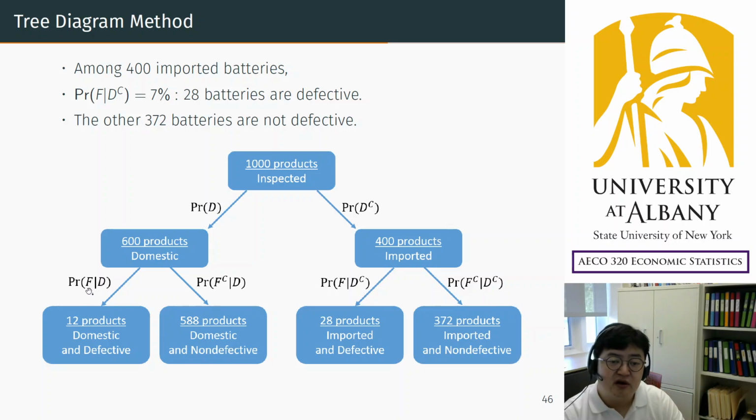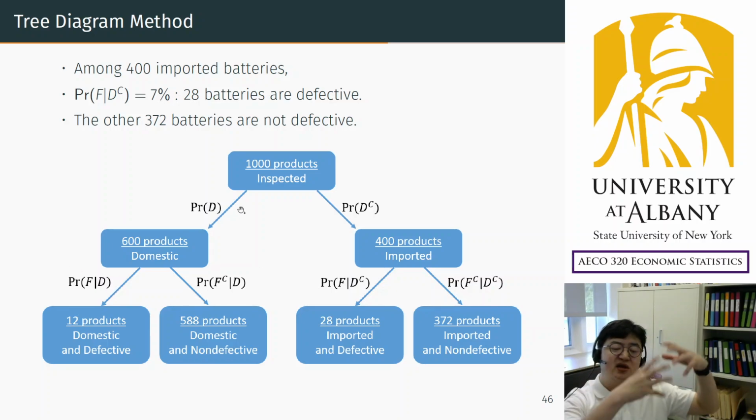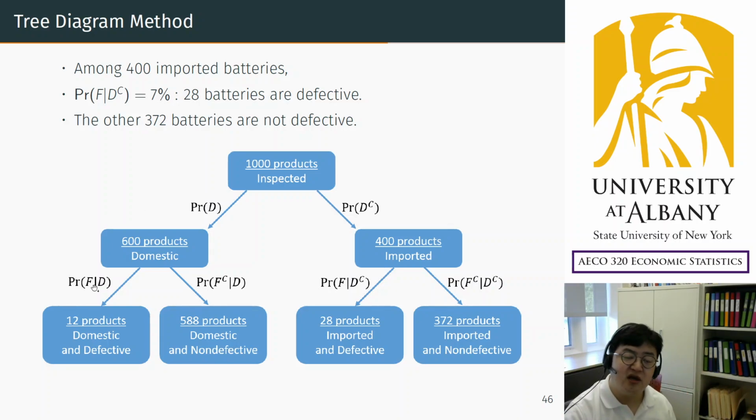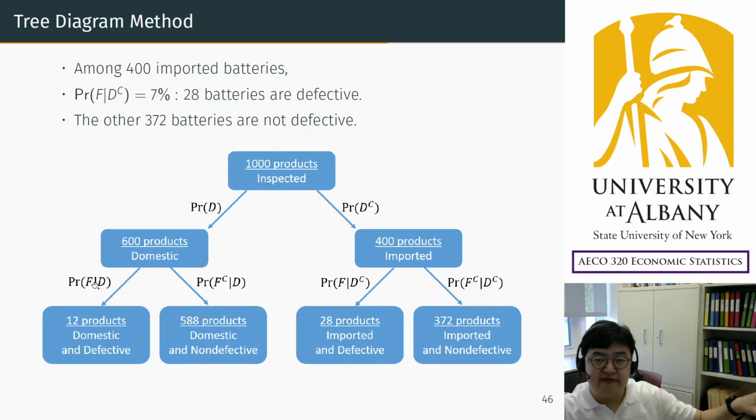But the event of defects is given as a conditional probability, so it should come as the second classification. You have to know that something is domestic to apply the conditional probability. Therefore, you have to divide the batteries into domestic and imported first, and then you may apply the conditional probabilities.